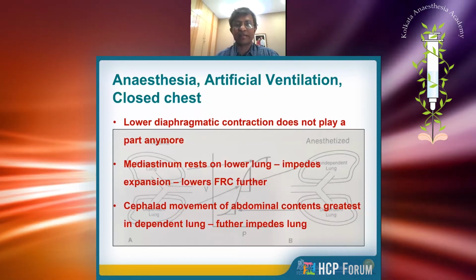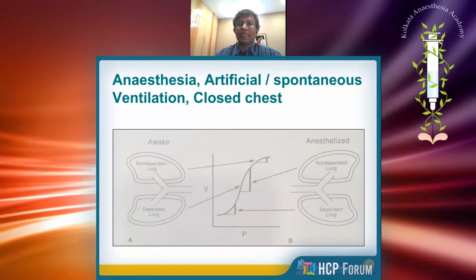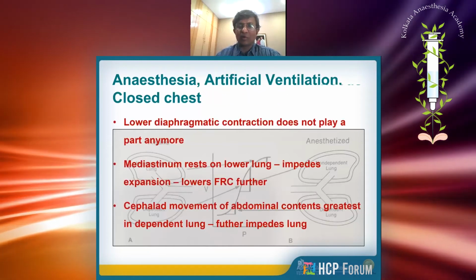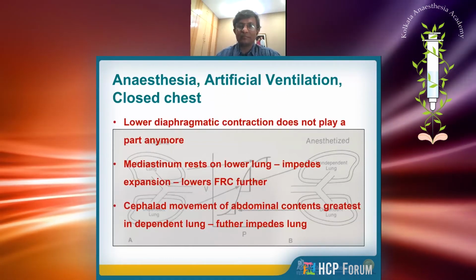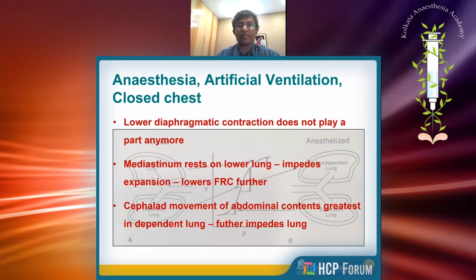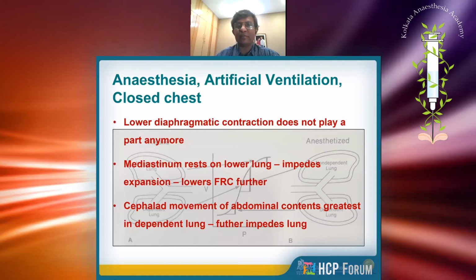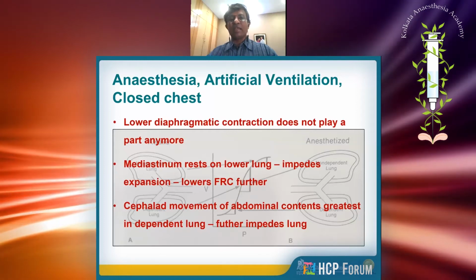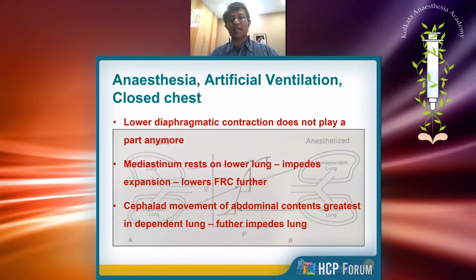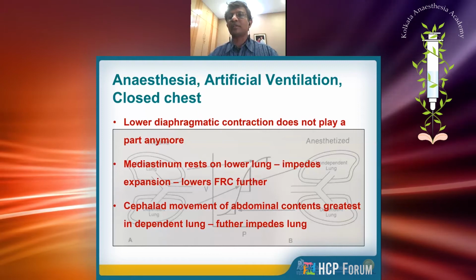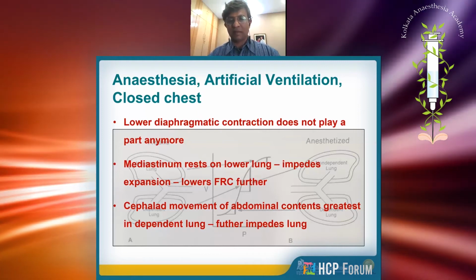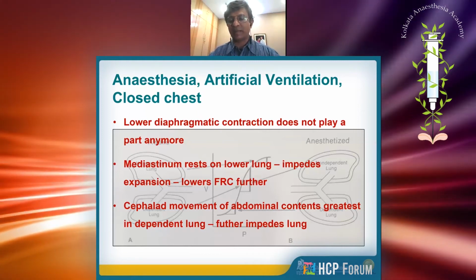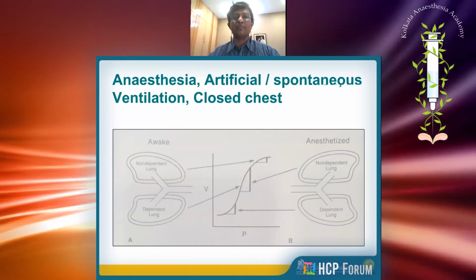With the onset of paralysis, the beneficial part of the diaphragmatic contraction is going away. The mediastinum is resting on the lower lung, and the abdominal contents pushing cephalad impede the dependent lung even more.